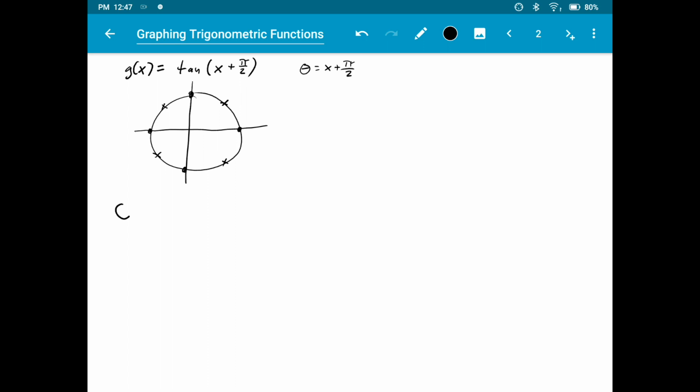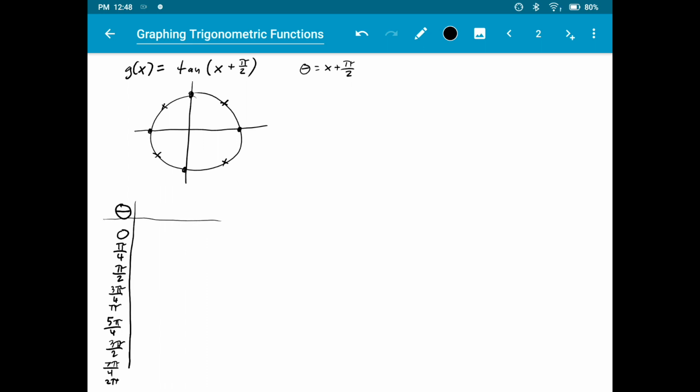The thetas that we care about are 0, pi over 4, pi over 2, 3 pi over 4, pi, 5 pi over 4, 3 pi over 2, 7 pi over 4, and 2 pi.